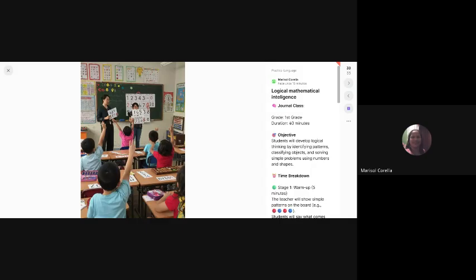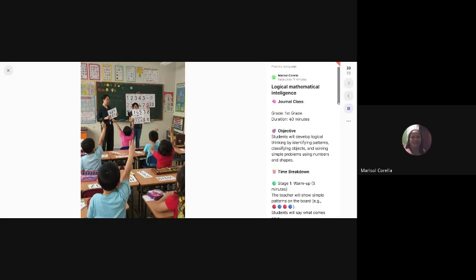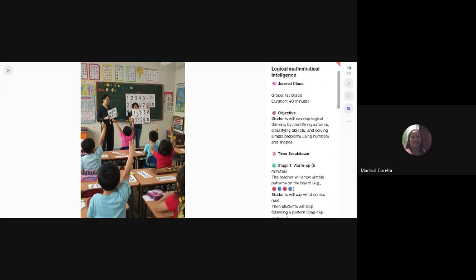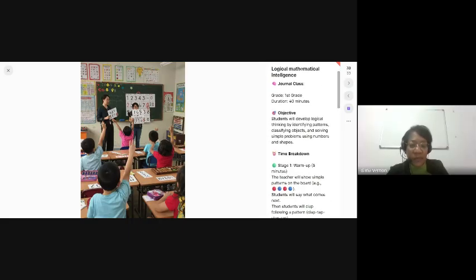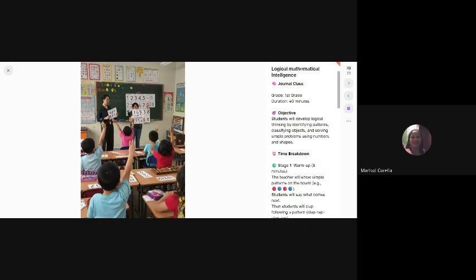My journal class is about the logical mathematical intelligence. I choose the first grade. This class is for 40 minutes. In objectives, the student will develop logical thinking by identifying patterns, classifying objects, and solving simple problems using numbers and shapes.